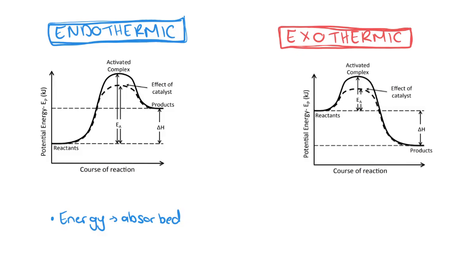It will be positive. Remember, delta H is the energy of my products minus the energy of my reactants. So you will see that my products have a larger value than my reactants, which means a larger minus a smaller will result in a positive answer. That is why our delta H is bigger than 0.